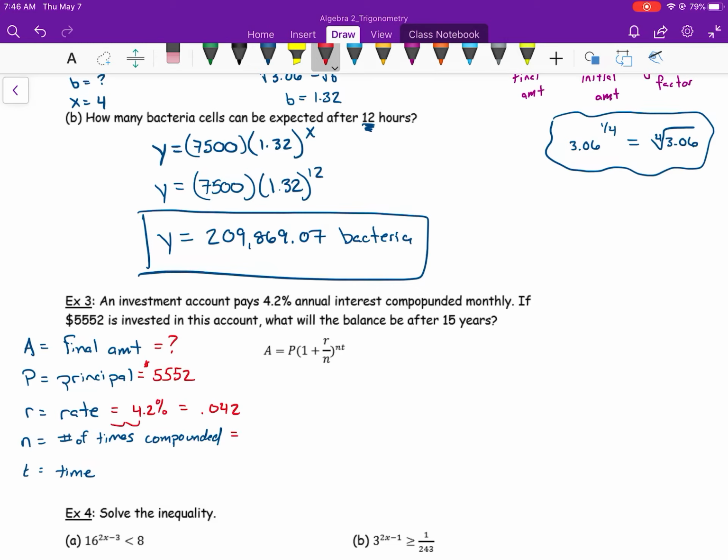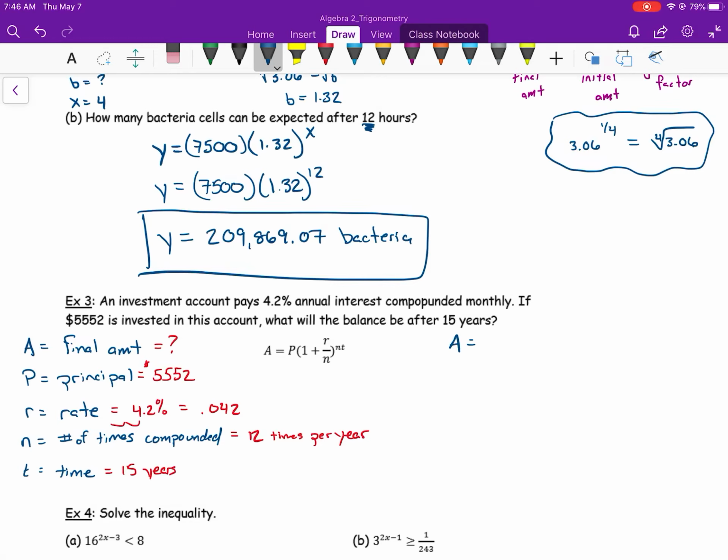It's compounded monthly, so that means it's compounded 12 times per year. And our time is 15 years. So now we just need to plug in and solve.